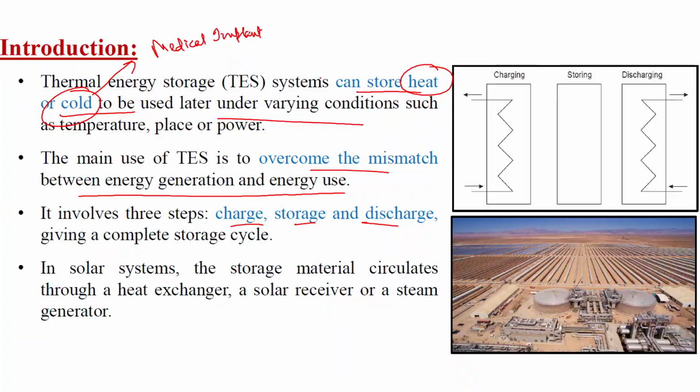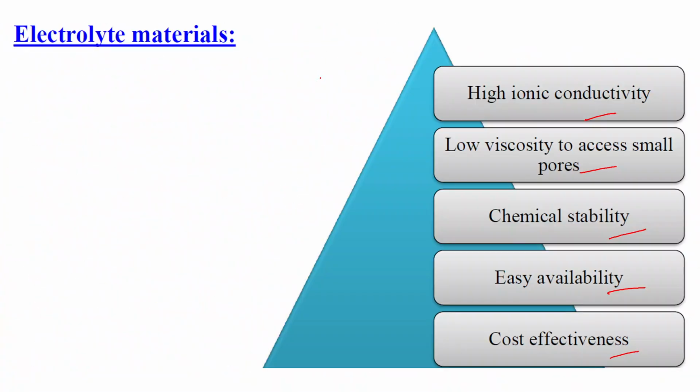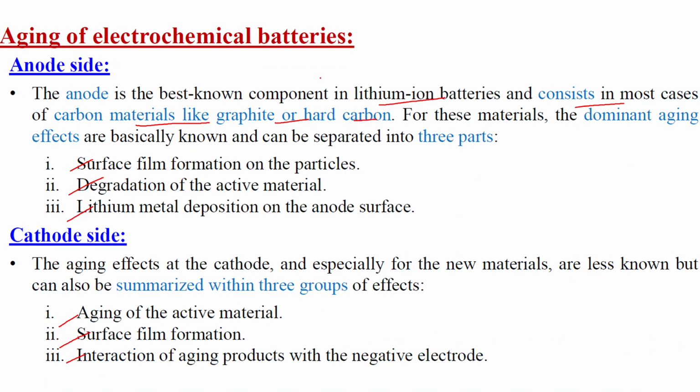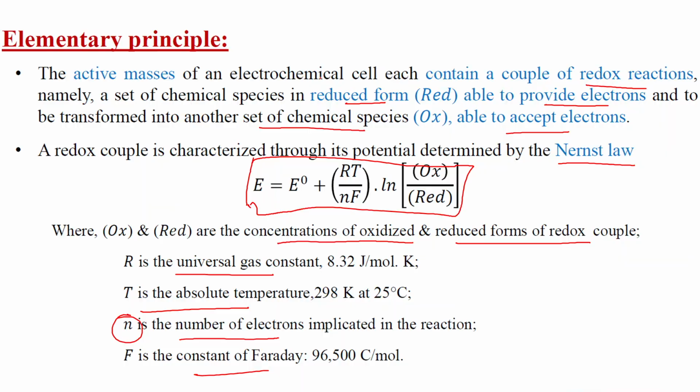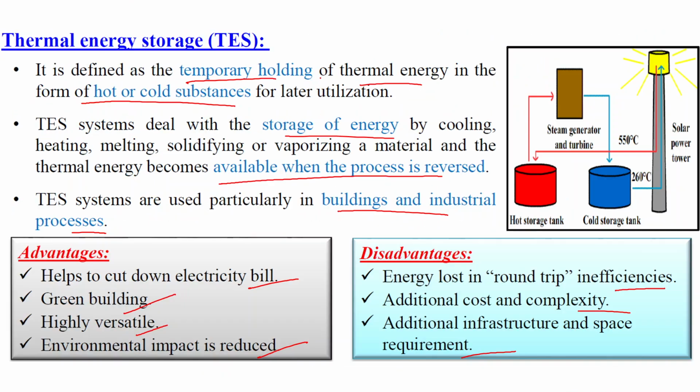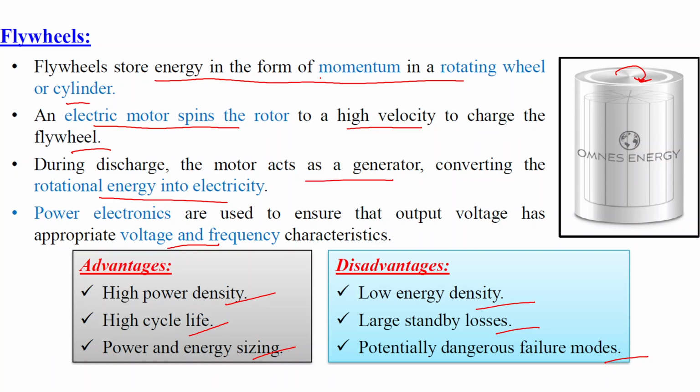Basically, as you can see here, let me come to the flywheel. It stores energy in the form of momentum in a rotating wheel. If the speed of the rotating wheel is more, then you can generate more energy. The electric motor spins the rotor to a high speed to charge the flywheel.